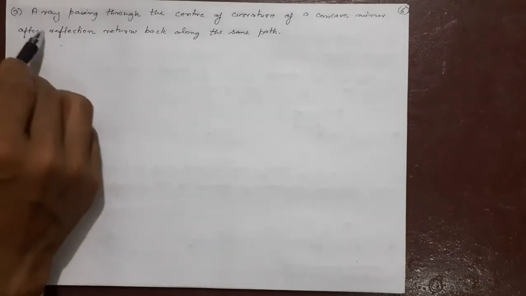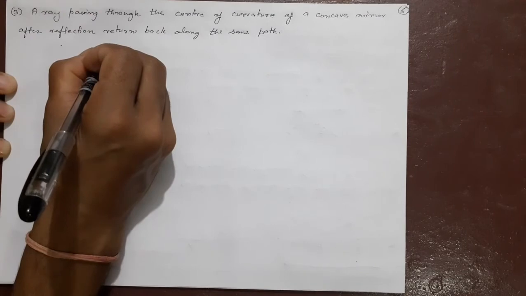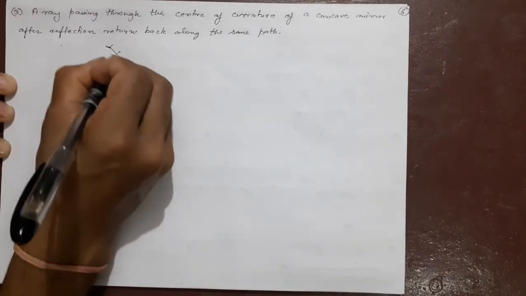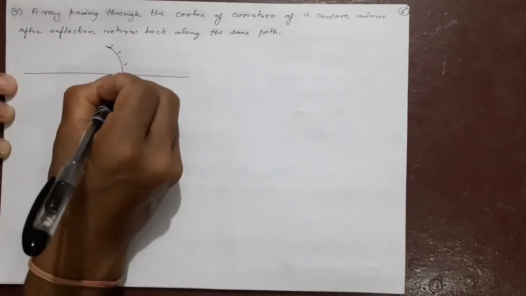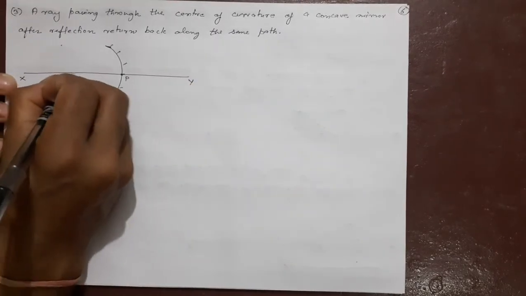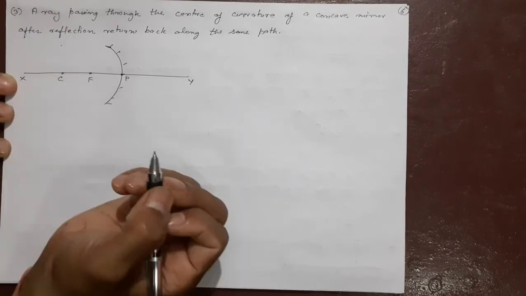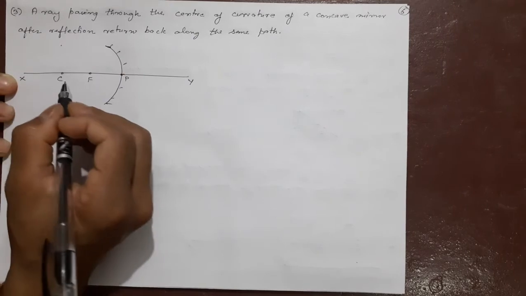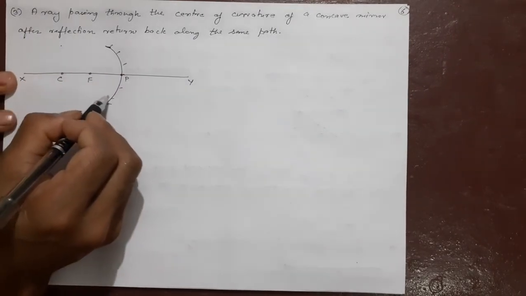It says that a ray passing through the center of curvature of a concave mirror, after reflection, returns back along the same path. The meaning is like this. Suppose this is the mirror, this is the principal axis, this is the focus, and somewhere here is the center of curvature. A light ray passing parallel comes back through the focus. Done, number one. Number two, a light ray passing through the focus goes back parallel.